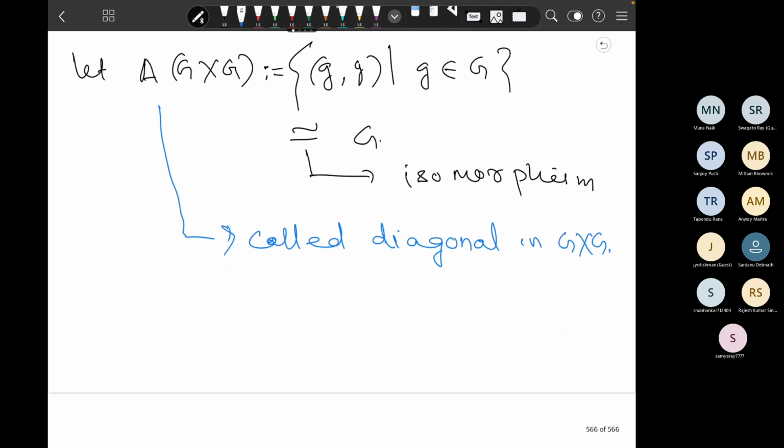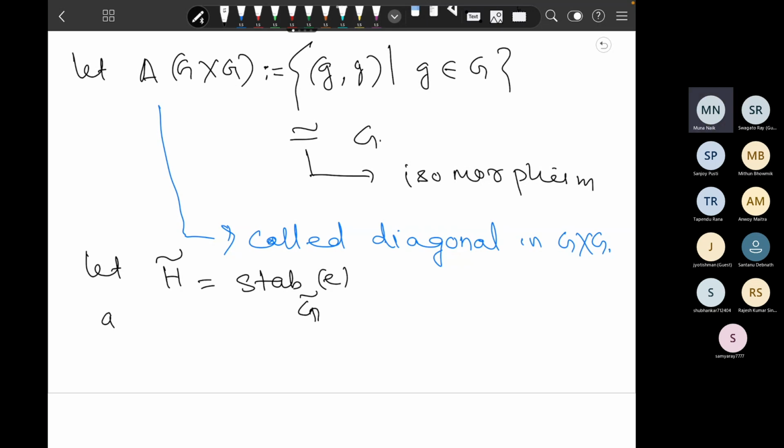Now, okay, so let H tilde be the stabilizer of E inside G tilde.